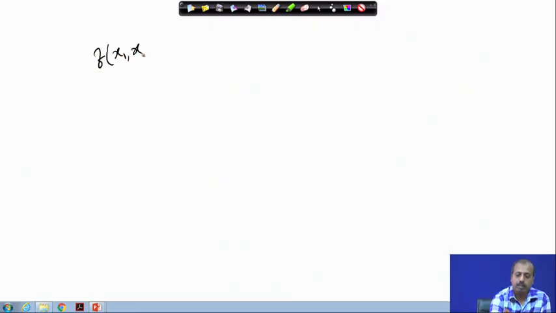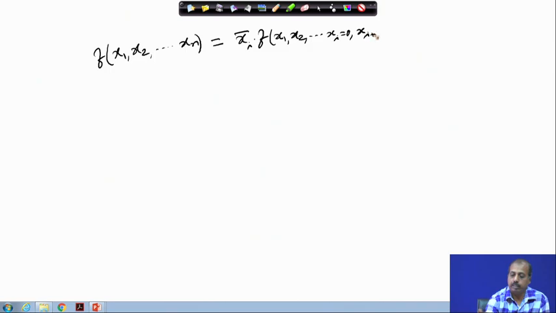So, if you have an n-variable function f of x1, x2 up to xn, this can be decomposed around variable xi as xi bar into f with xi equal to 0 and the rest of the variables remaining as they are, plus xi into f of x1, x2 with xi equal to 1, xi plus 1 up to xn.